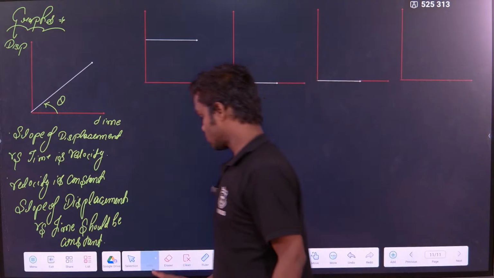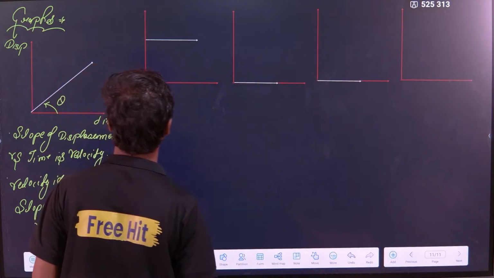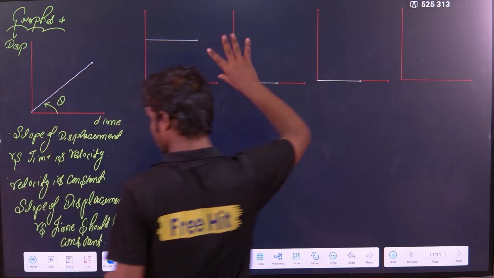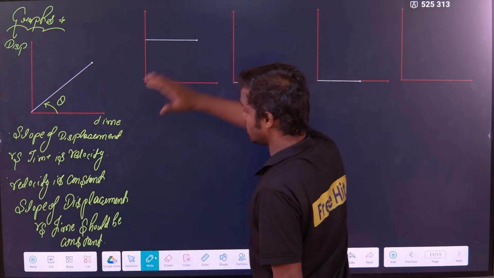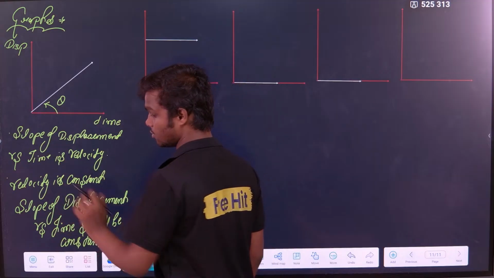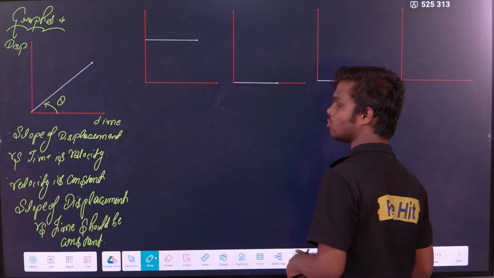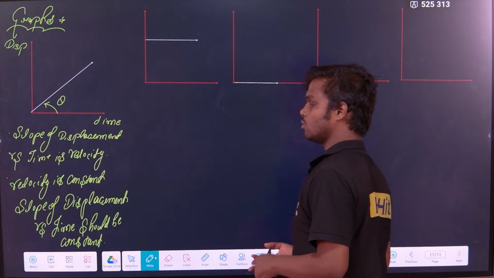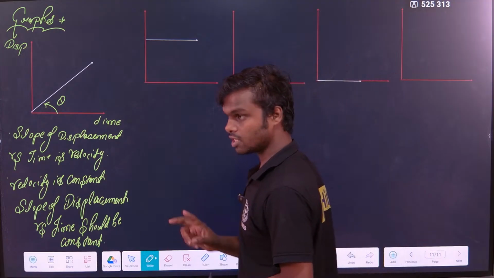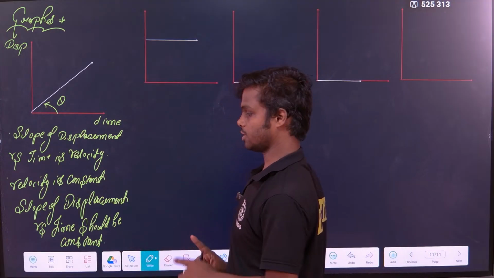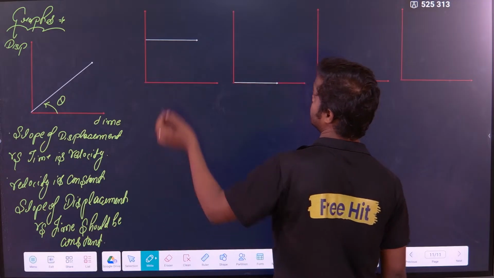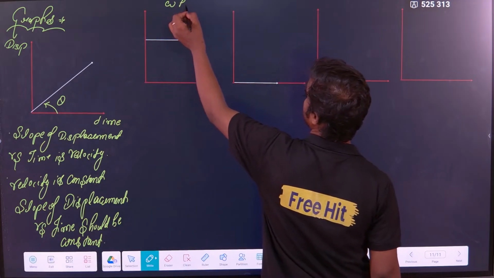So what I am trying to say is, whenever my velocity is constant, the slope of displacement versus time should be constant. Now there are two cases when the velocity will be constant. First case, when the body is at rest.